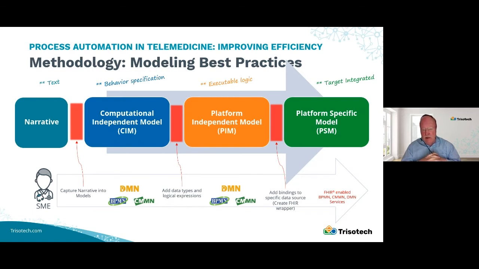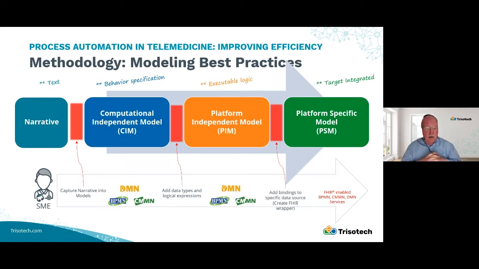Once you've got that done, you need to go to the next step, which is to make a platform independent model where you go through and add executive logic to the model so that it can actually function as expected. And then finally, there's target integration, where you actually tie the data sources, the computer, and the model together to something that really executes.